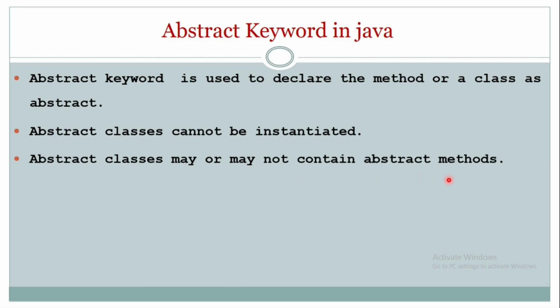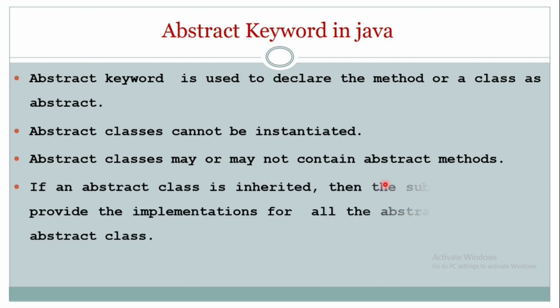These abstract methods don't have any definition and don't have any body. But these abstract methods have to be implemented in their subclasses. As you can see here, if an abstract class is inherited, then the subclass should provide the implementations for all the abstract methods of the abstract class.